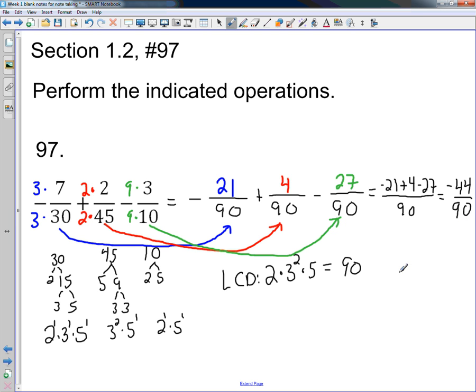And then I check to see. Let's move down a little bit. So I have negative 44 over 90. I check to see, can I reduce this? Well, they're both divisible by 2 since they're both even. So I reduce them. That gives me 22 over 45. So my final answer is negative 22 over 45.